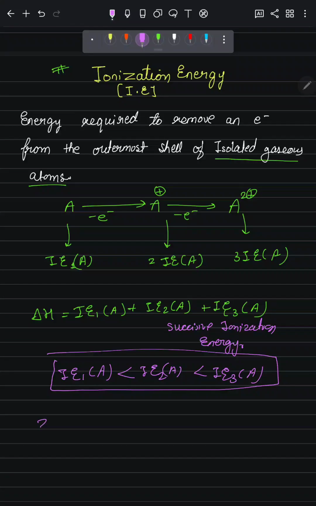We know that when the Z effective, the effective nuclear charge, is increasing, the ionization energy increases, so it is directly proportional to it and inversely proportional to the size. Now let's discuss the factors affecting ionization energy.